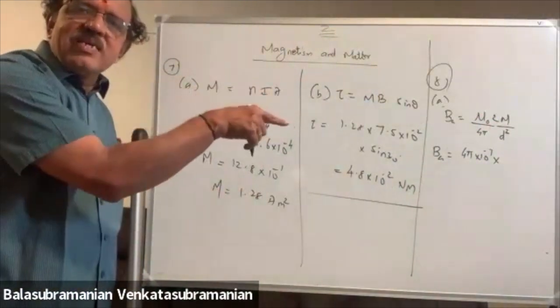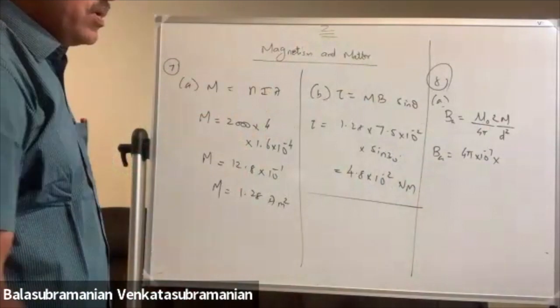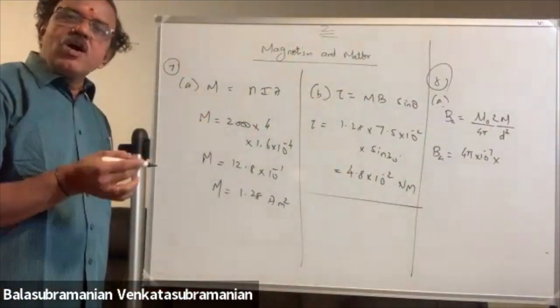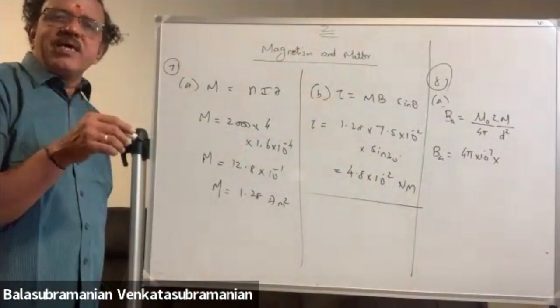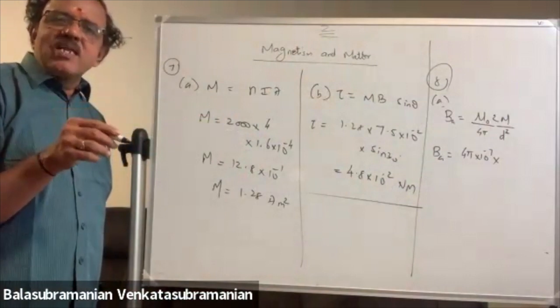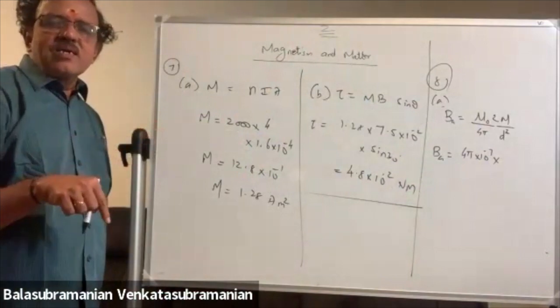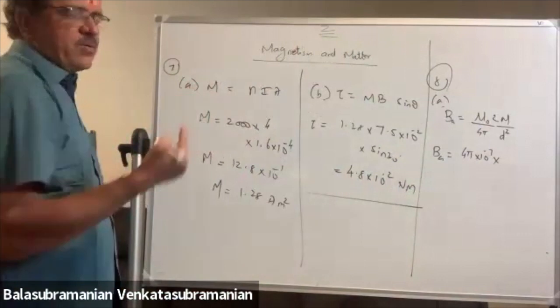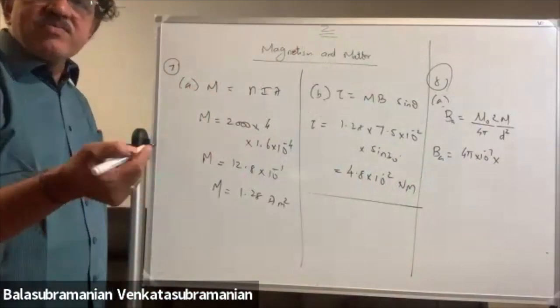For a short bar magnet, only this formula applies. For a long magnet, it is 2md by d square minus L square, the whole square in the denominator. Since L is small, we neglect it. This is the final formula, which we have seen in the derivation.